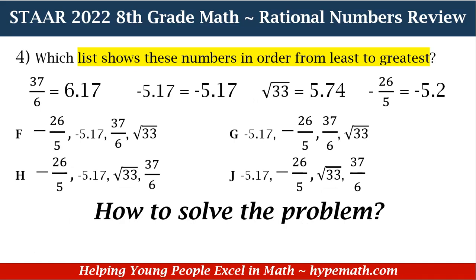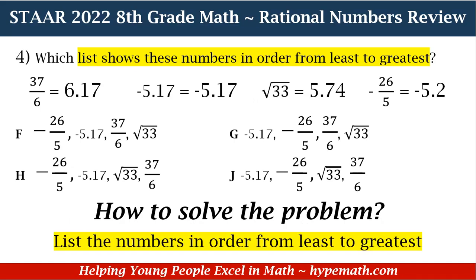And so how are we going to do that? In order for us to solve the problem, what we need to do is look at our numbers. And if you notice up top, we have all of the numbers converted to decimal form. We need to see which answer choice has the numbers listed from least, which is the smallest number, to greatest, which is the largest number.